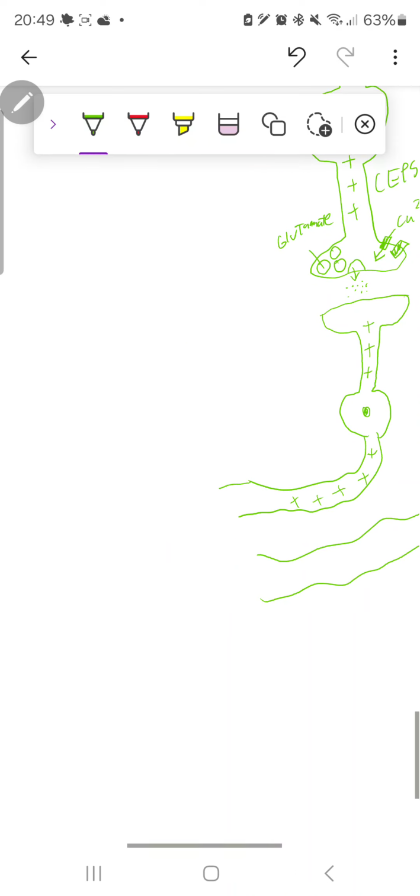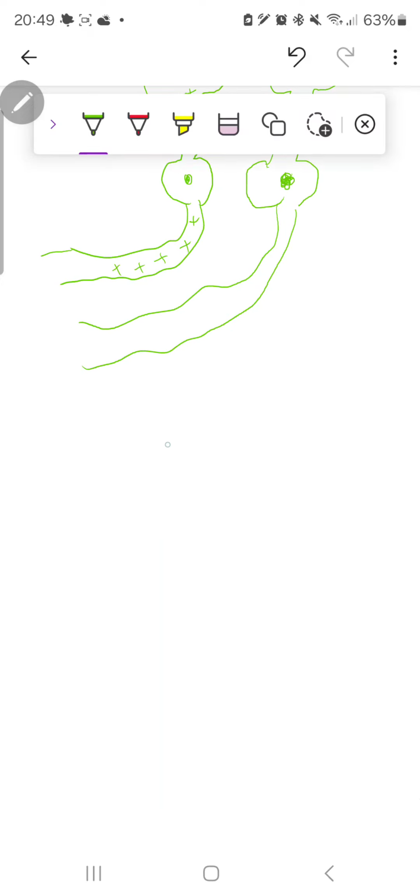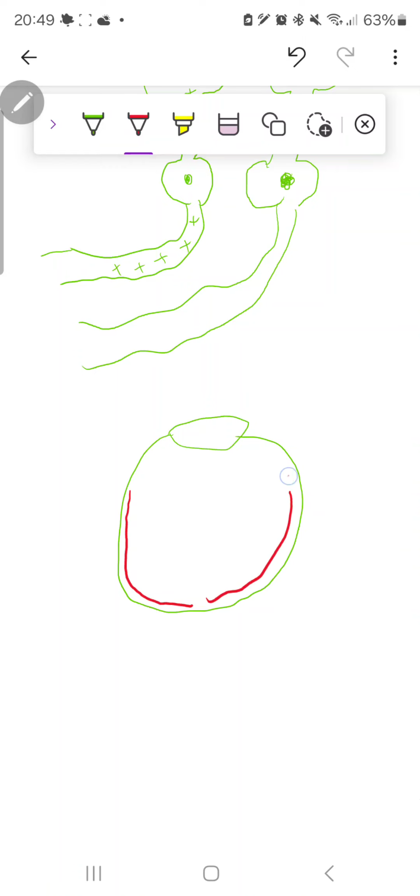And this positive signal will go through the optic disc of the eye. So if this is the eye once again, all the ganglion cells, which is marked in red, will go through the optic disc and gather there together, and they will go out as the nervus opticus, which is also called the second cranial nerve.